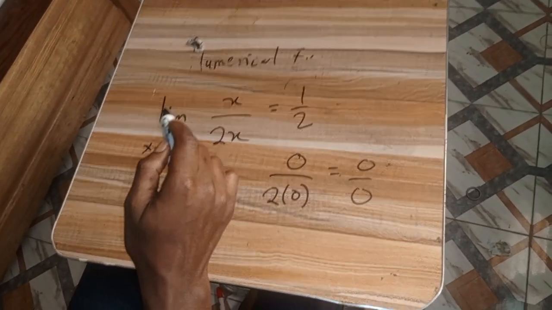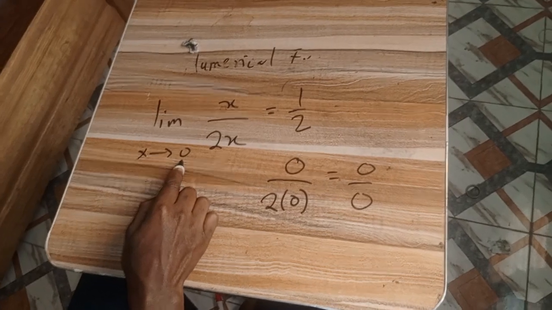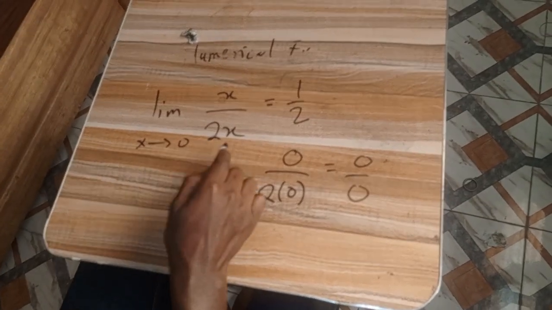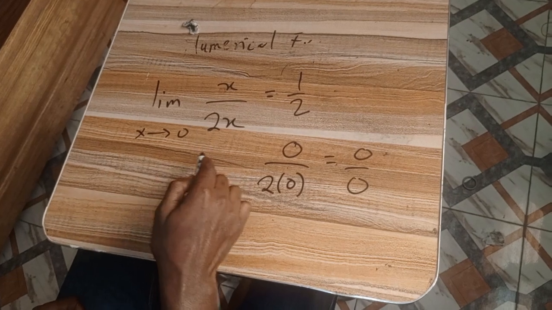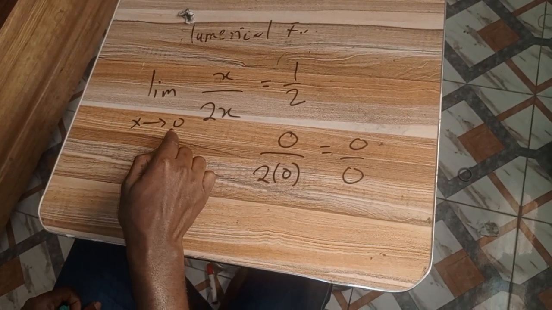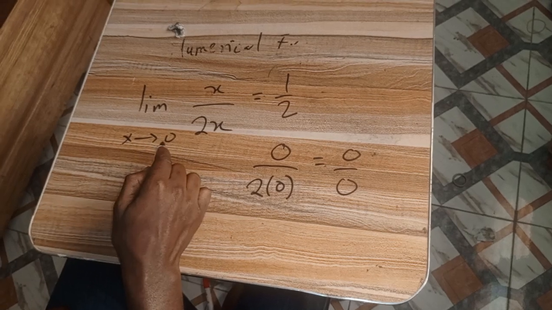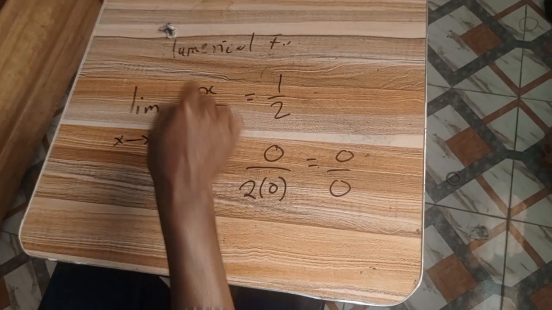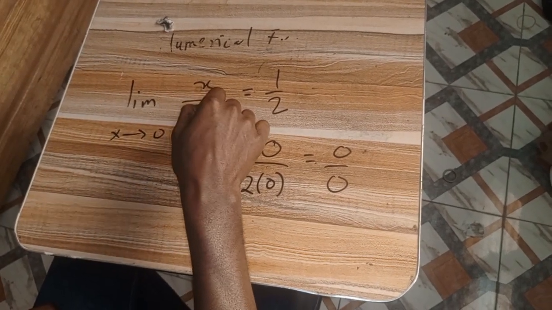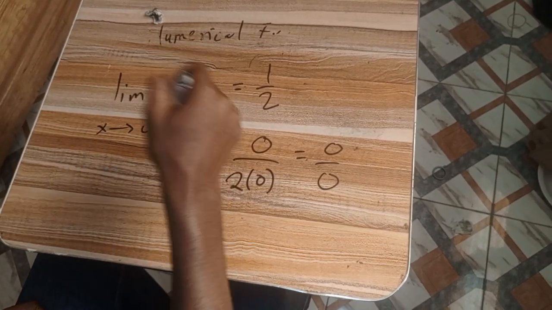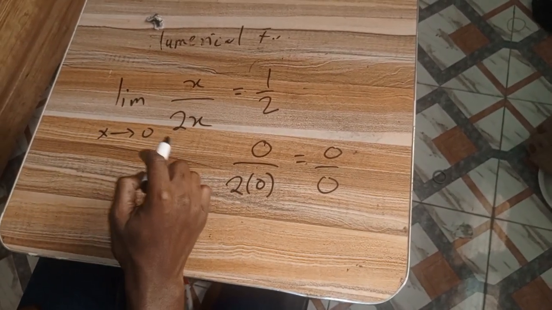But the limit as x approaches 0 is not what happens to the function where x is 0. It's what happens to the function when x gets closer and very close, arbitrarily close to 0. And so I'm justified to remove the case of 0. Anytime you say x over x is 1, you are saying x is not 0.